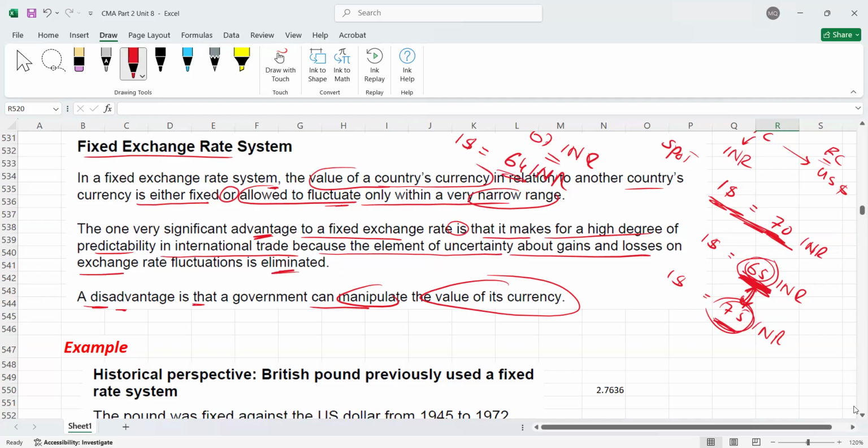What it means is, if any country is trading with you, because exchange rates are fixed or allowed to vary within a very narrow range, the country doing trade with you is not vulnerable to exchange rate fluctuations, right? So the uncertainty is removed, and they can predict with certainty how much receipts or payments they have to make if they are importing or exporting.